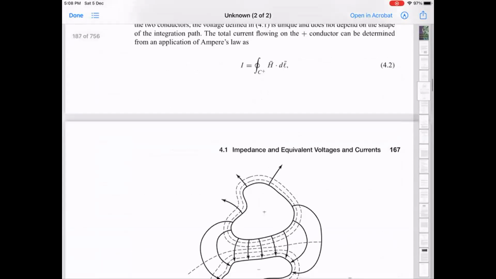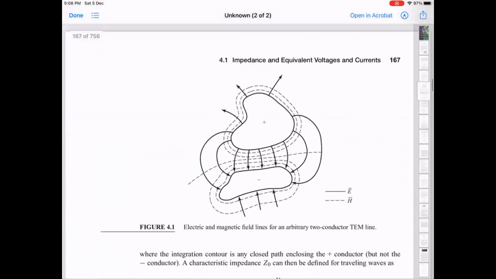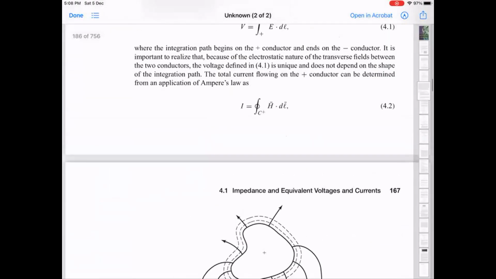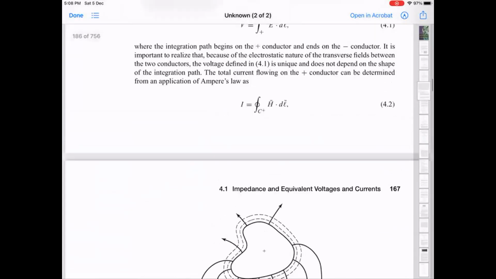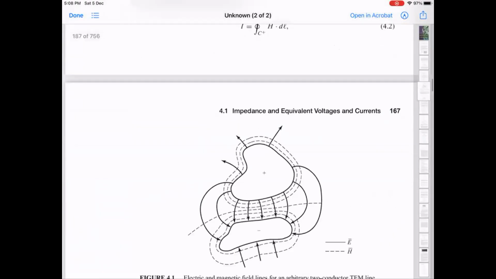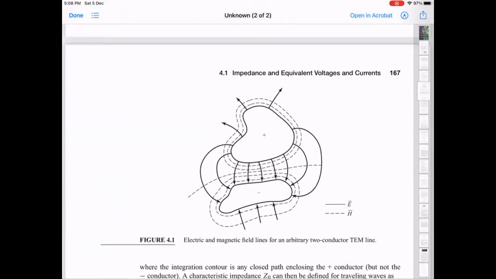We won't go into the details, but are there any questions about why in some cases, for example, the things they call TEM type transmission lines, and here's a generic example in this figure, where electric and magnetic fields are always perpendicular to each other, and the direction of flow of energy is perpendicular to that particular plane. This is true for most typical things one uses.